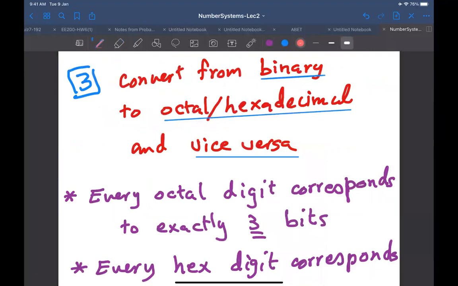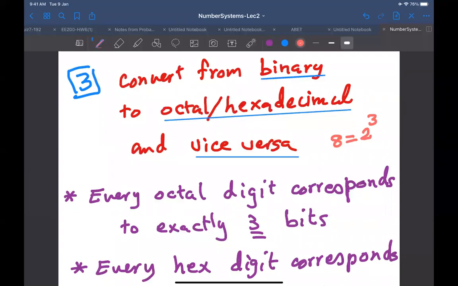So now we move to another subject, which is conversion from binary to octal or hexadecimal and vice versa. The most important fact in this conversion is that you have to keep in mind that every octal digit corresponds exactly to 3 bits. And the reason for that is that the base of the octal, which is 8, is equal to 2, which is the base of the binary, to the 3.